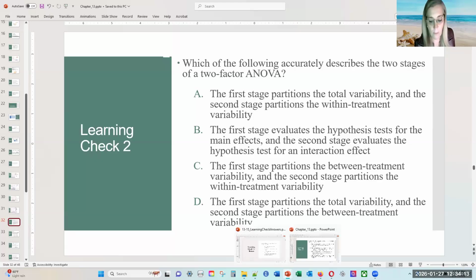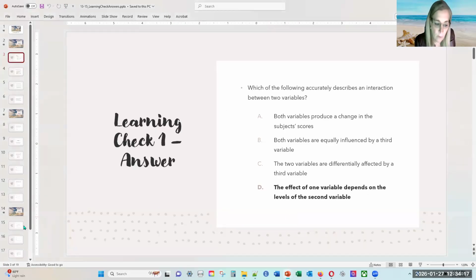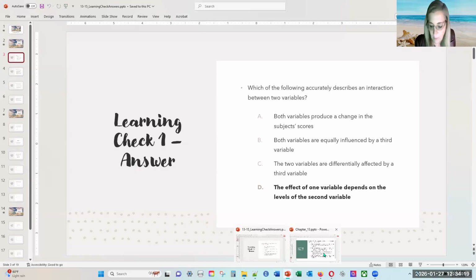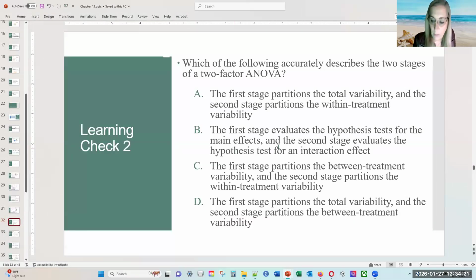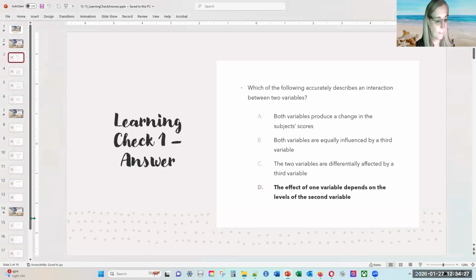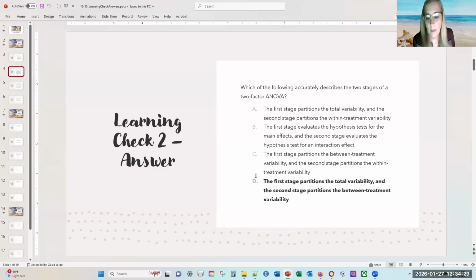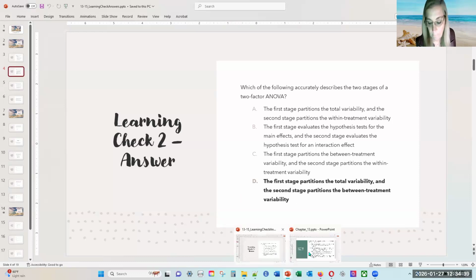So I highly recommend watching that video several times until you feel very comfortable with it. So what's our question? Let me go back. Which of the following accurately describes the two stages of a two-factor ANOVA? It is the first stage partitions total variability. The second stage partitions the between treatment variability.